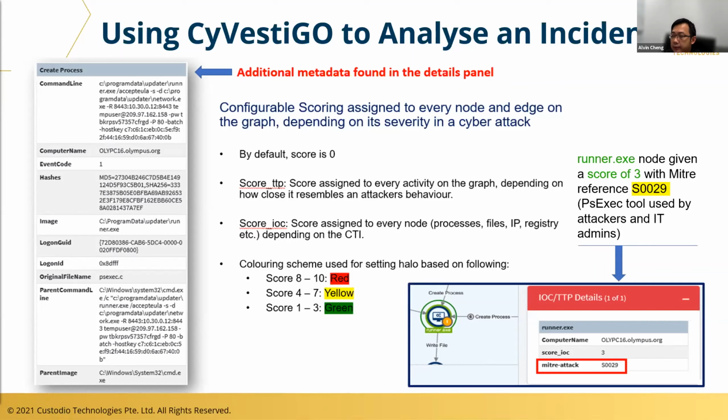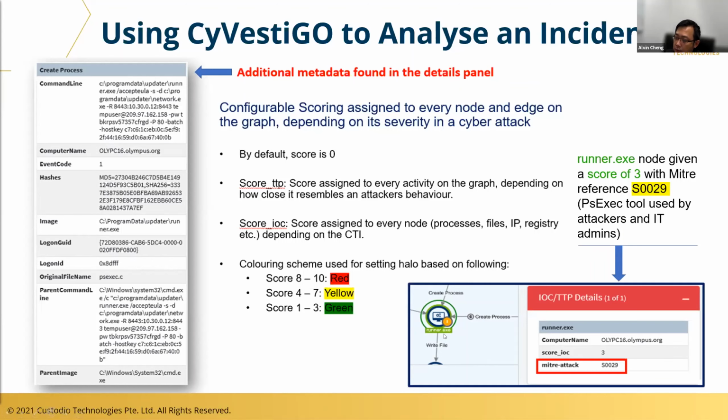Beyond that, the nodes or edges on the graph that are marked with an I or T, IOCs or TTPs, will usually have a score associated with them. The score varies between 1 and 10. For example, here there is a node stamped with an I, which is runner.exe.